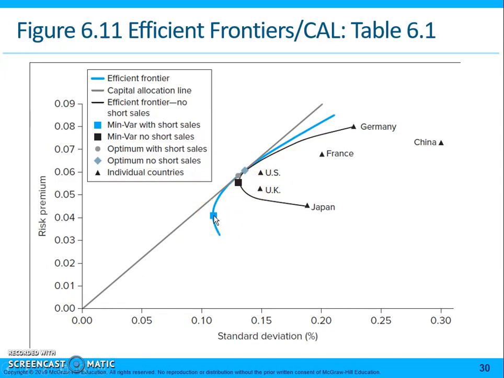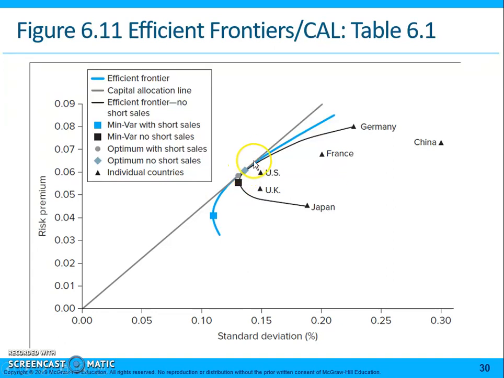The blue square would be our minimum variance portfolio. The gray blue diamond here is the optimal risky portfolio.